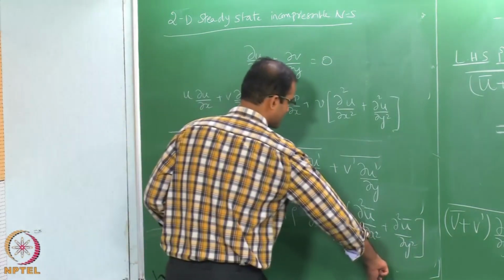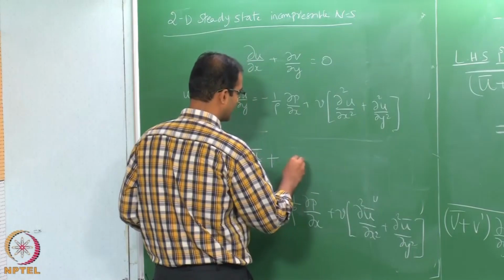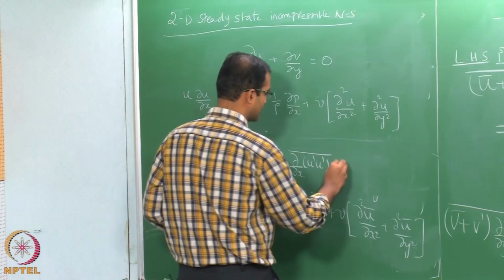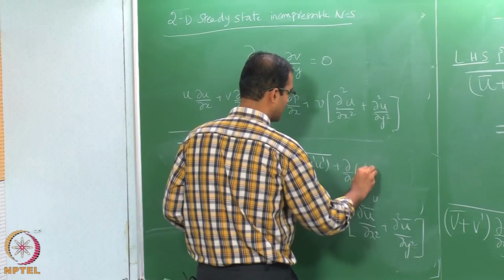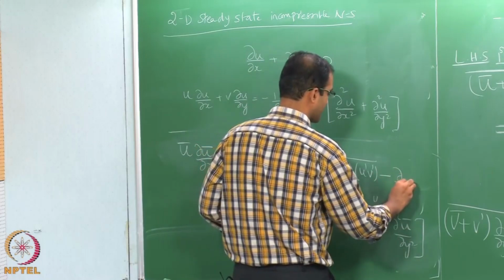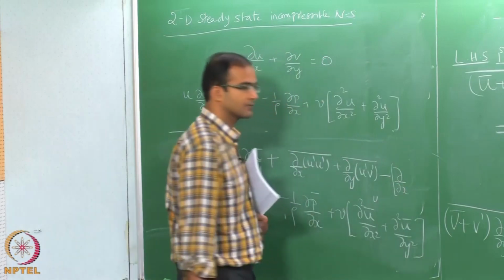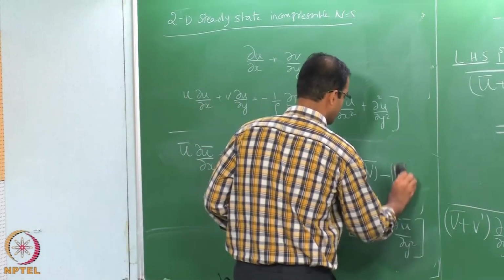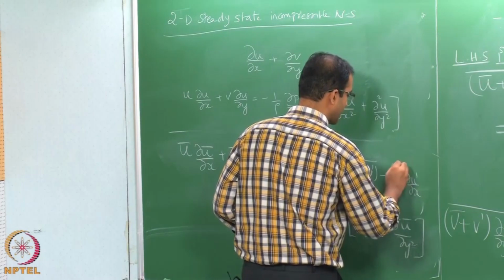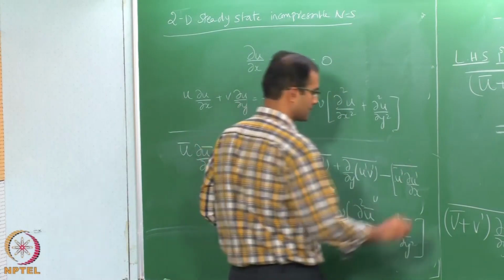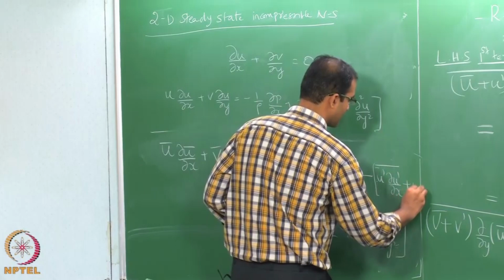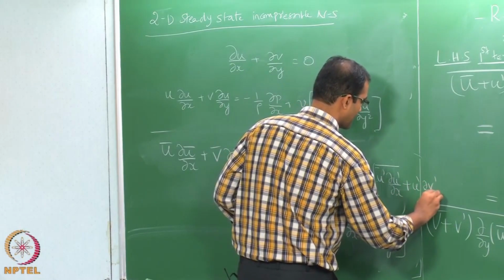Therefore, we can write this as d by dx of u prime squared bar plus d by dy of u prime v prime bar, minus d by dx of, in one case you have u prime du prime by dx, plus what is the other term, u prime dv prime by dy.